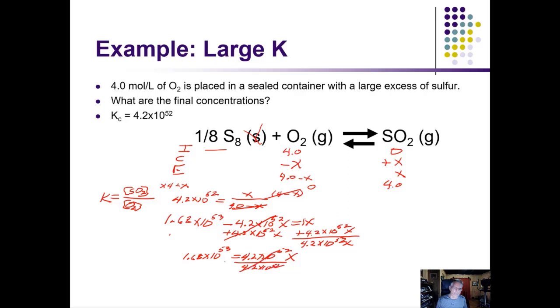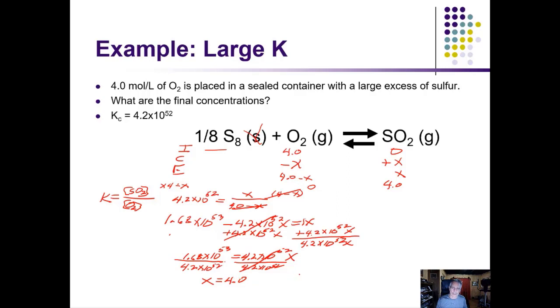It will cancel here. And when I divide this, it's going to be divided by 4.2 times 10 to the 52. What I get is x is equal to 4 to any reasonable number of significant figures.